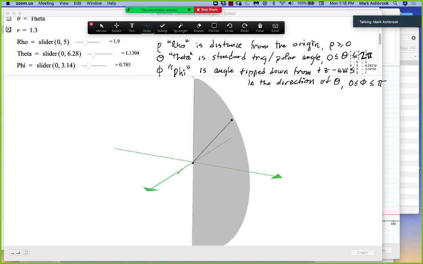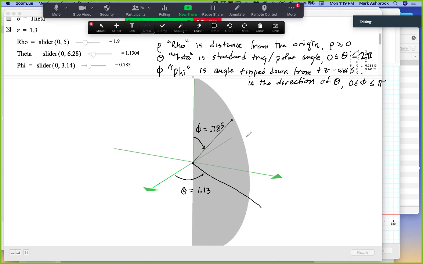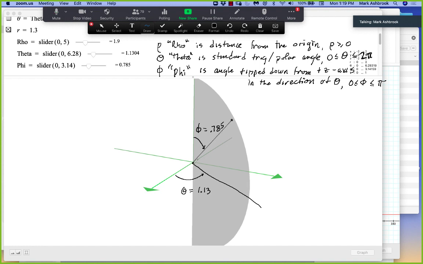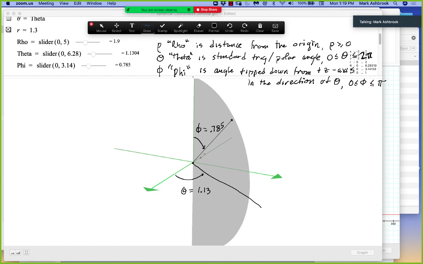So this is theta equals 1.13 radians. This is phi tipped down from z of 0.785 radians.